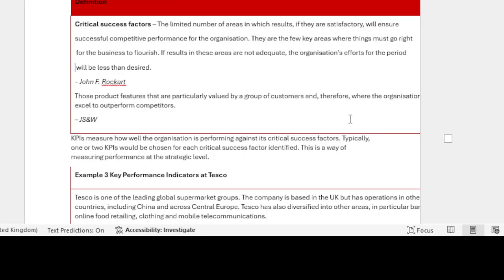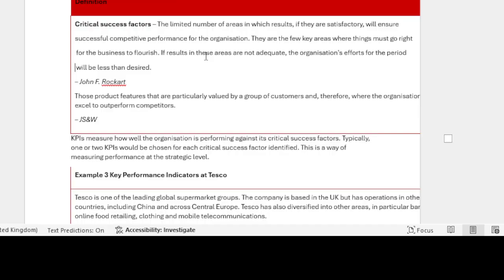Anyhow, critical success factors are the limited number of areas where the performance should be satisfactory for the company to be able to achieve its desired goal. So these are very important.